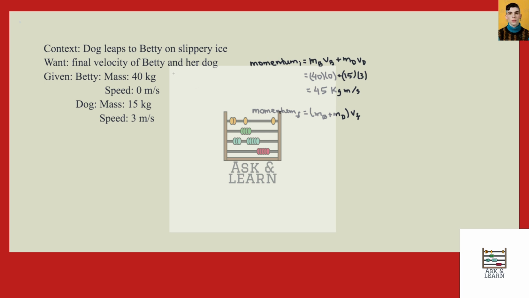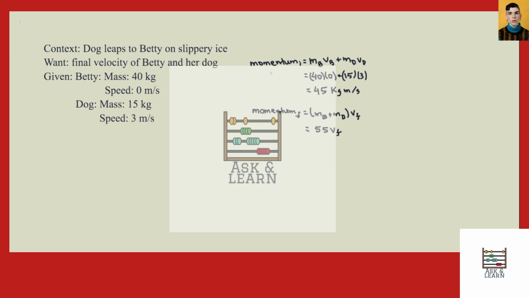So Betty has a mass of 40 kilograms and her dog has a mass of 15 kilograms. So if we sum both of these together, we get that the final momentum is going to be equal to 55 times the velocity of both of them.